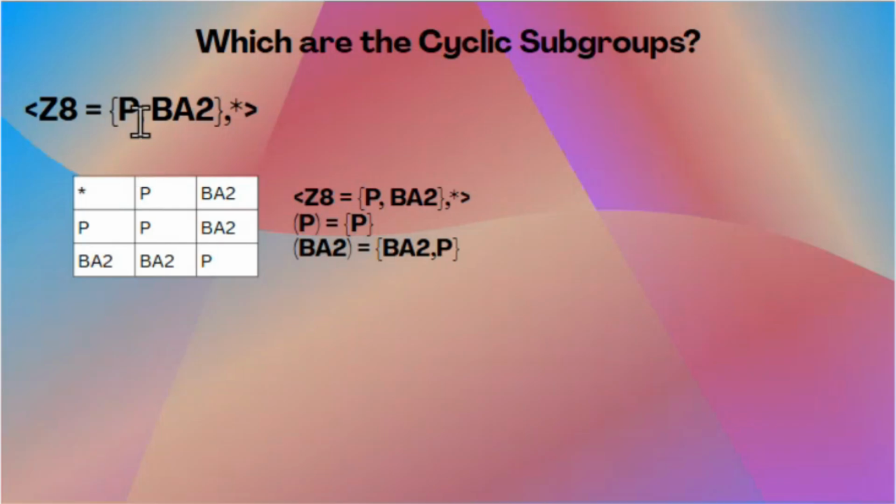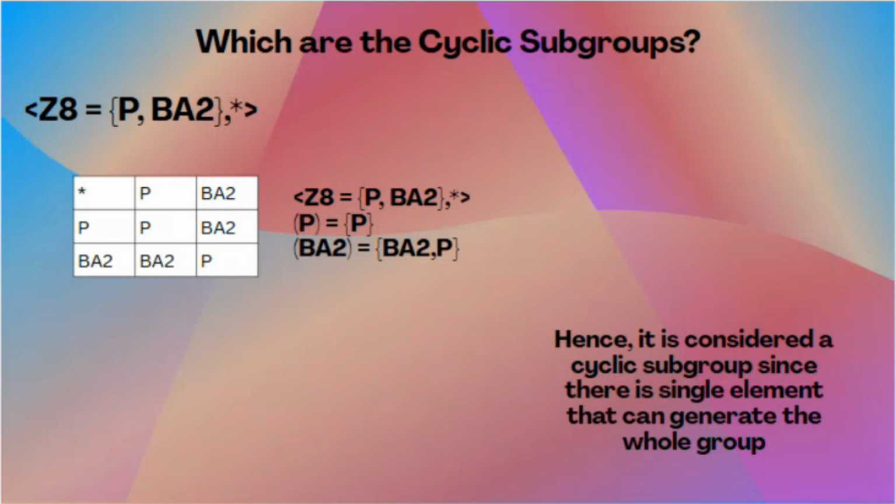For Z sub 8, it is equal to P and BA2 under binary operation star. So P star P is P, and BA2 star P is BA2, then BA2 star BA2 is P. So therefore, it's a cyclic subgroup.